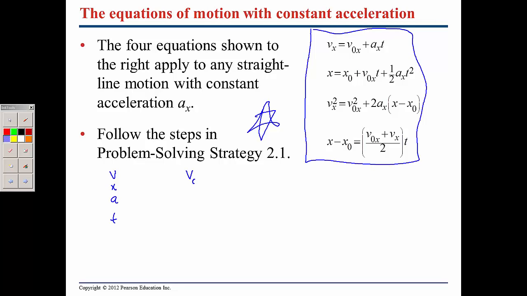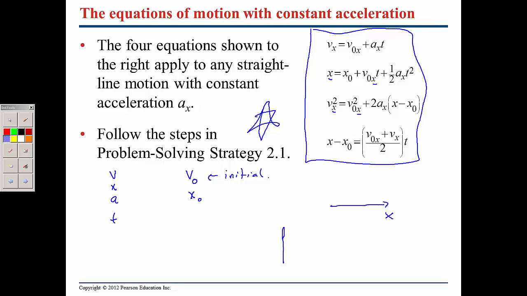And wherever you see a naught symbol, x naught, v naught, the naught indicates initial. And the x subscript down at the bottom, or even the x right here, means we're talking about the x direction, so moving left and right.